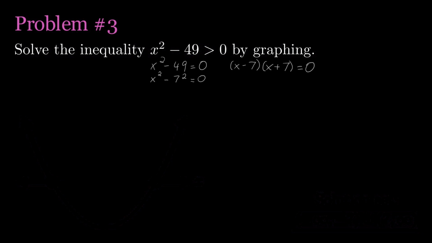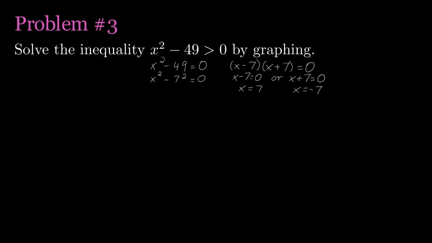Now we use the zero factor property to get x minus 7 equals 0 or x plus 7 equals 0. In the first equation, adding 7 to both sides results in x equals 7. In the second equation, subtracting 7 from both sides results in x equals negative 7.